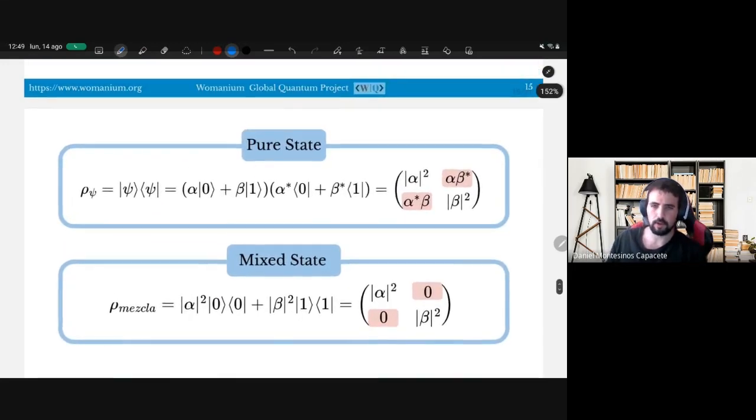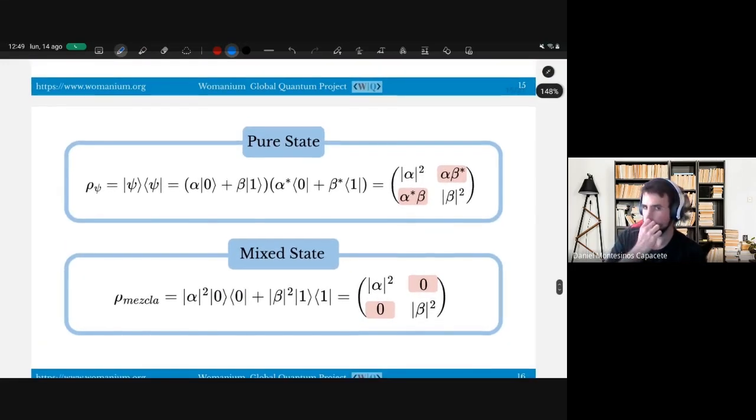So just to take an example here. Let's say you have the usual linear combination that we use to describe any state of the Hilbert space, and we calculate the density matrix of this state. Just do this calculation, and you will get that the density matrix can be written in this way using the 0 and 1 basis, because remember that every time we write a matrix, we are using some basis.